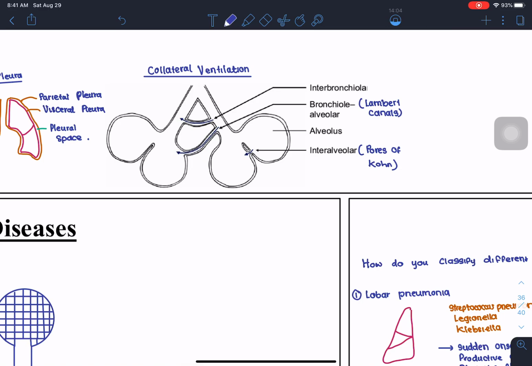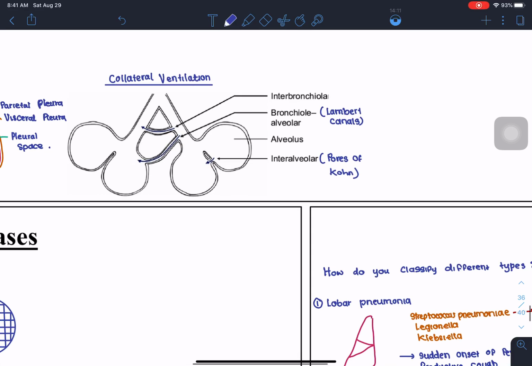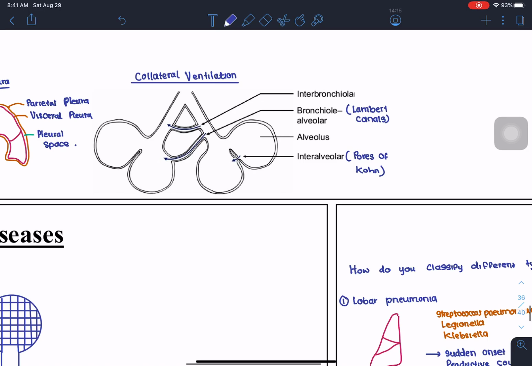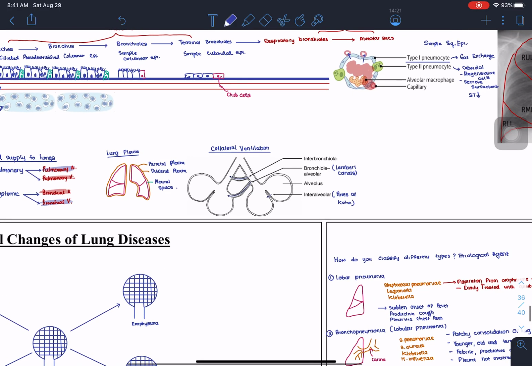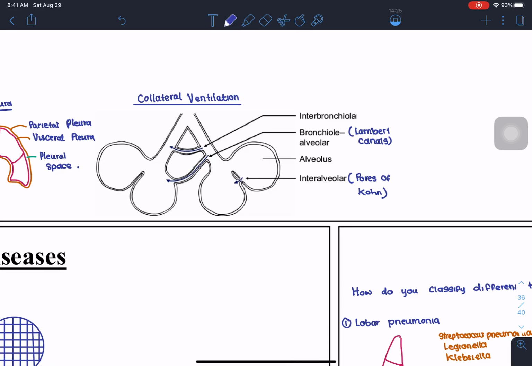This next part is important, especially for pathophysiology. So I will talk about that here. You will hear these words, canals of Lambert or the pores of Kohn, in pathology. So you need to know what these are. These are called collateral ventilation.